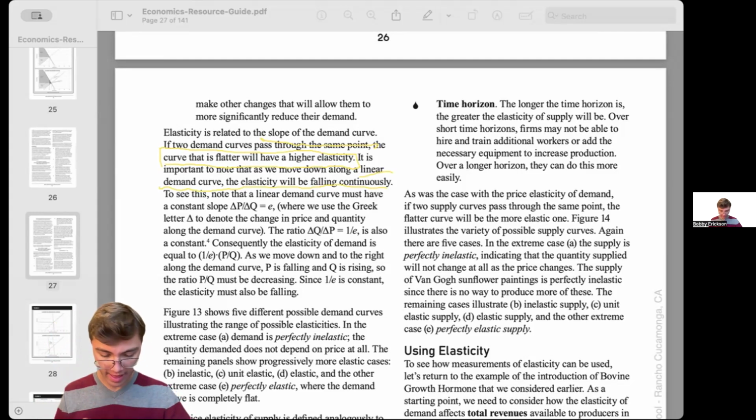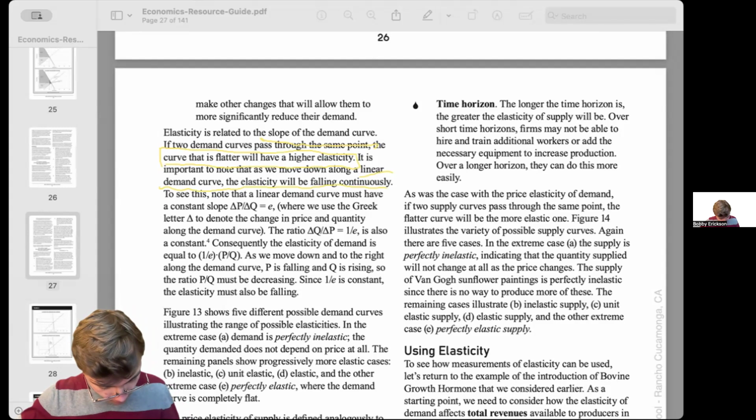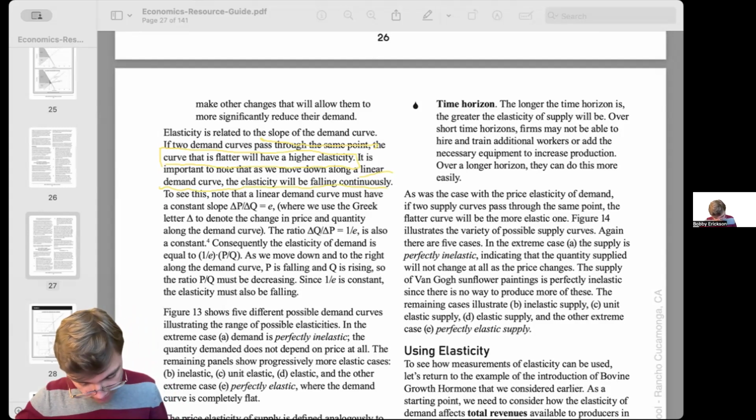This just means that the elasticity is decreasing as you move along a linear demand curve. And so we can see that elasticity falls with quantity and price. So what they do here is a bit of math.